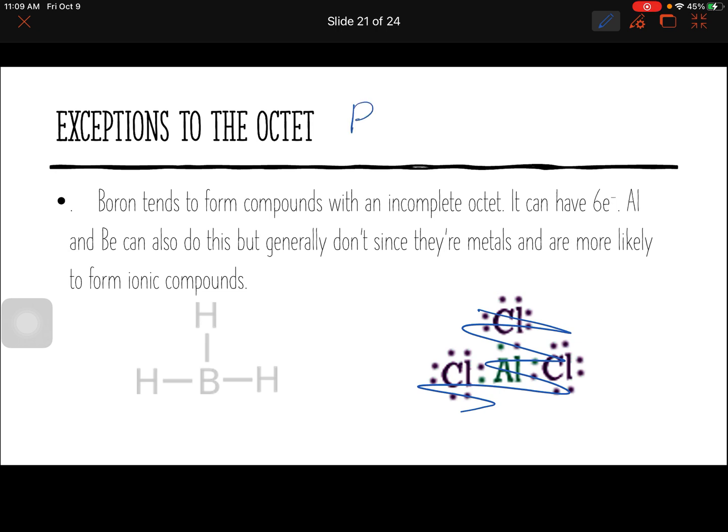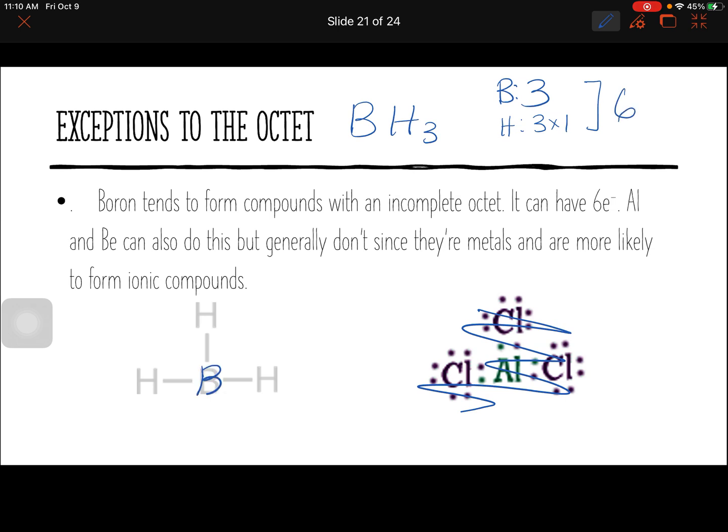So if we were doing boron trihydride and we were following our counting rules, boron is in group 13, so it has 3 valence electrons, and each hydrogen has 1 valence electron. So this picture that we're going to draw only is going to have 6.